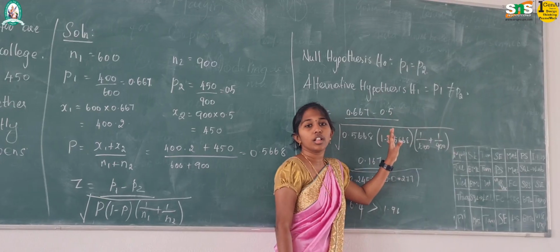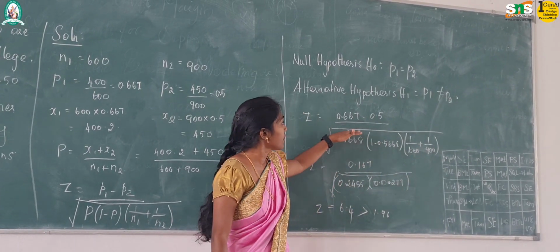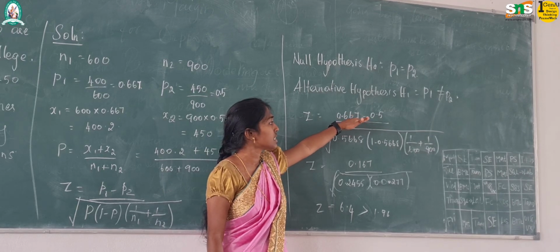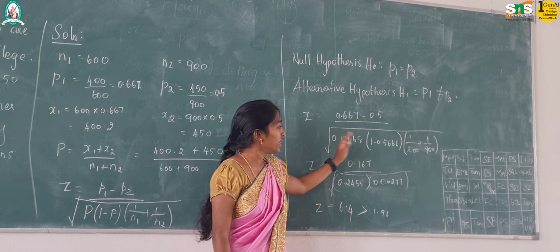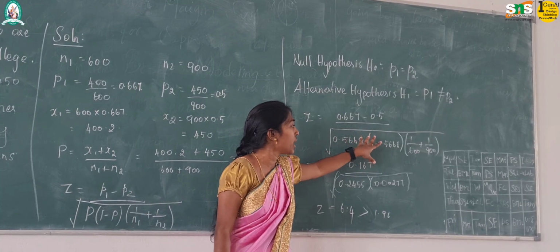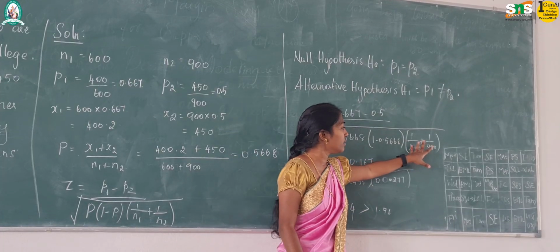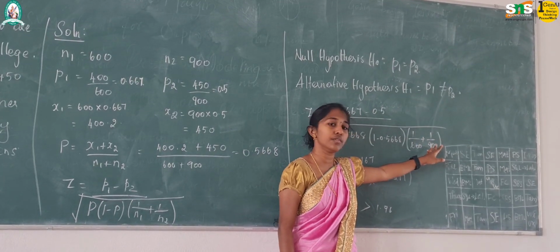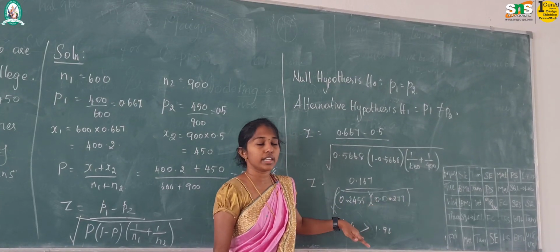Now we simplify. In the numerator, 0.667 minus 0.5 gives 0.167. The denominator is the root of, first, P into 1 minus P, which simplifies to 0.2455, and then 1 by 600 plus 1 by 900, which gives 0.00277. So this is the numerator and the denominator part.